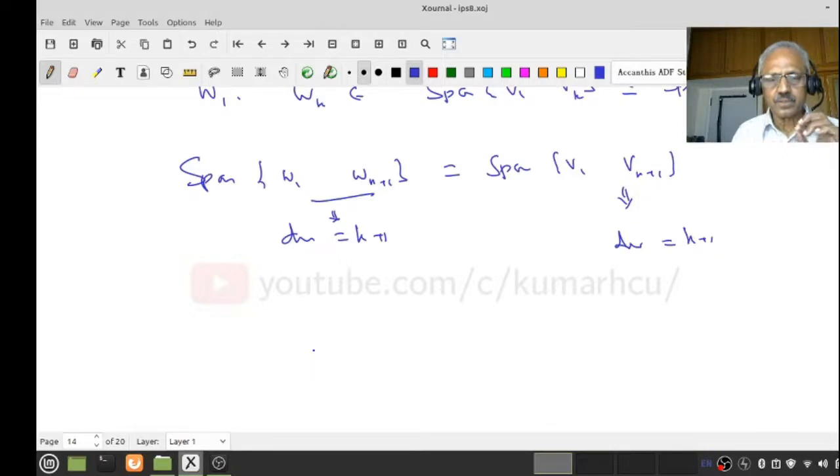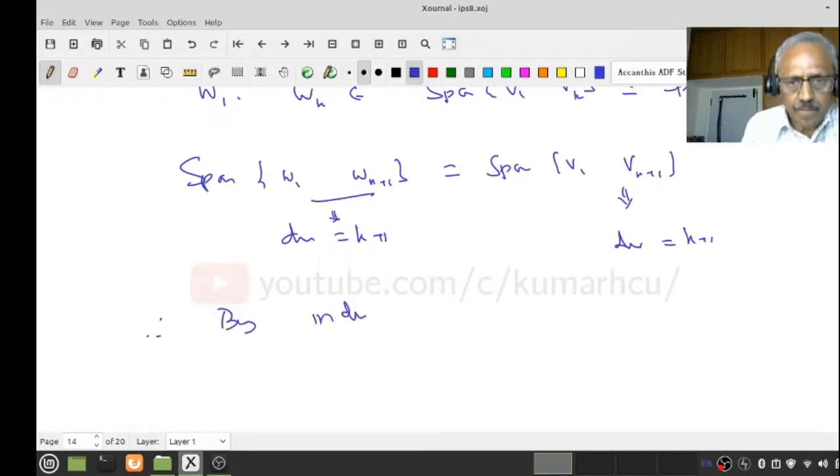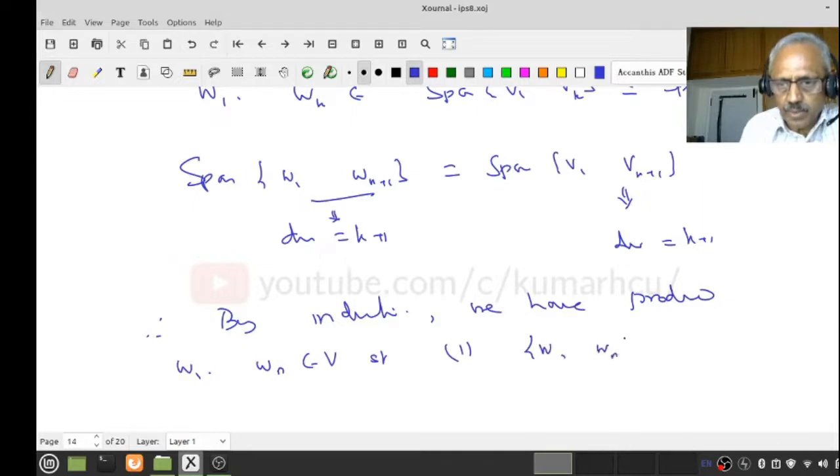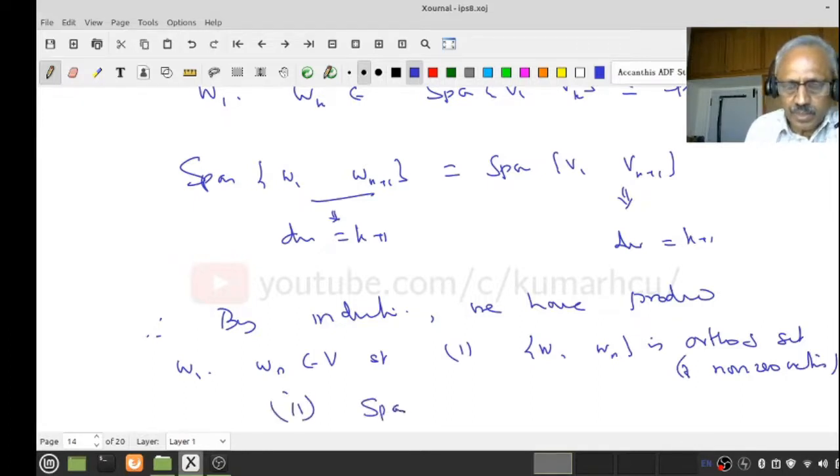Okay, so now by induction, from 1 to n I have done, therefore we have produced vectors w1 to wn in V such that one, w1 to wn is an orthogonal set of non-zero vectors, but non-zero will actually come from the second one, and the span of w1 to wn equals the span of v1 to vn.